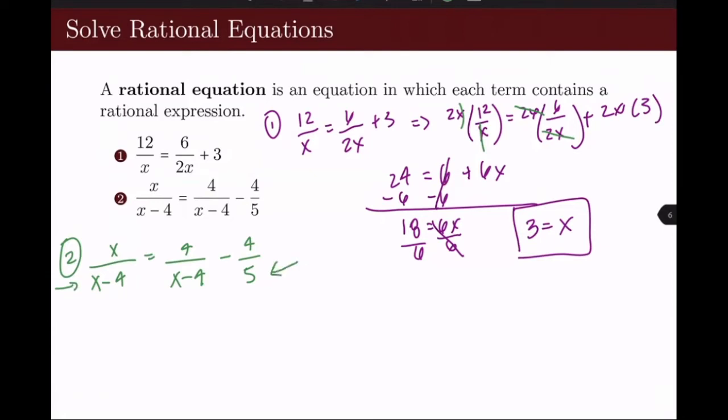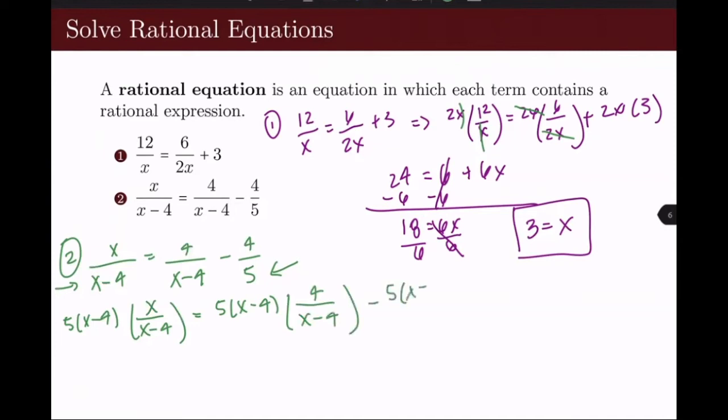So I'm actually multiplying everything by 5 times x minus 4. So you see, again, every single one of my terms gets both a 5 and an x minus 4. From here, these x minus 4s will cancel, these x minus 4s will cancel, and then these 5s will cancel.